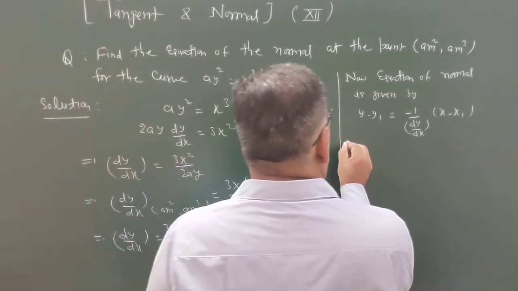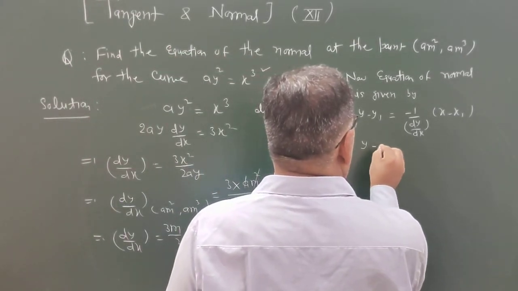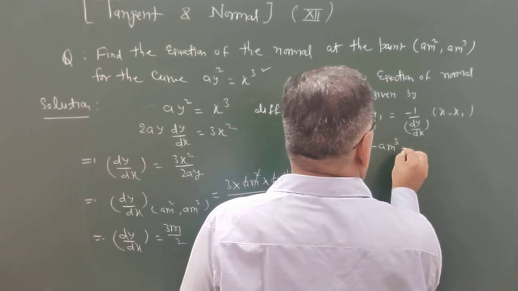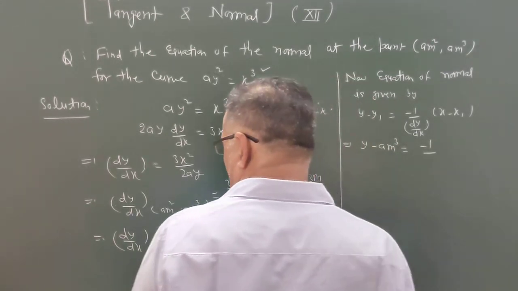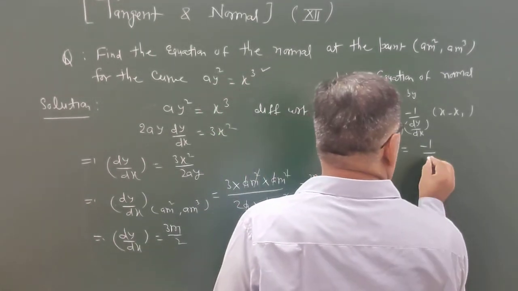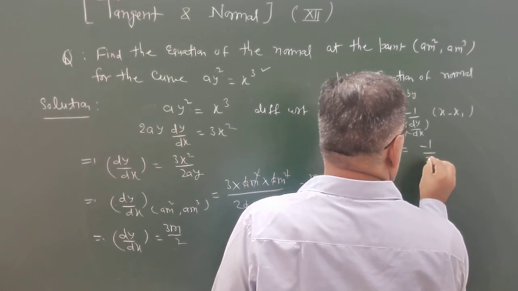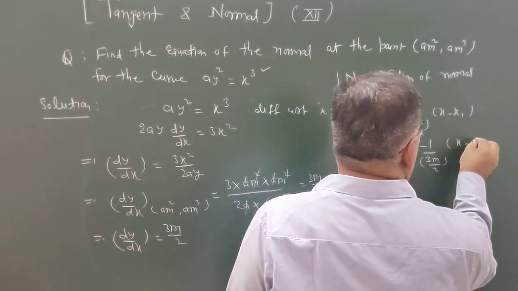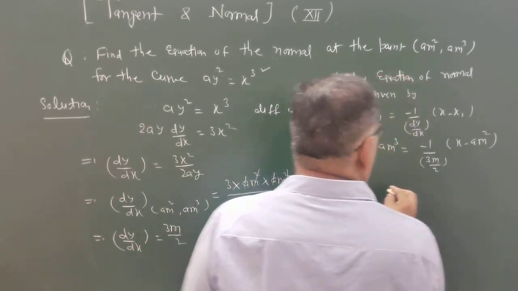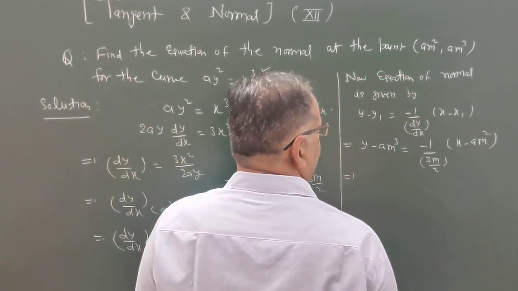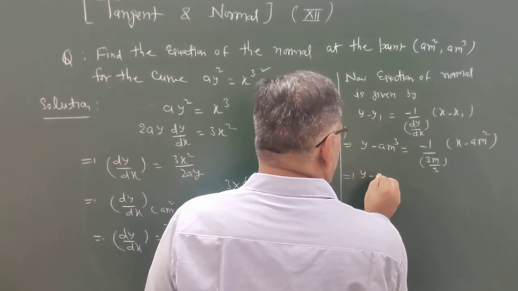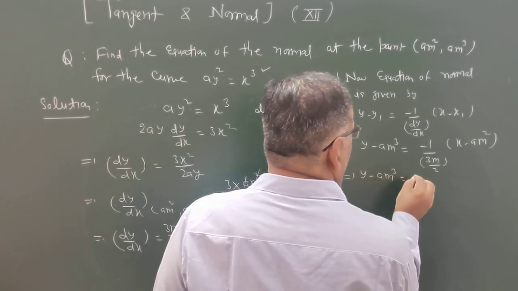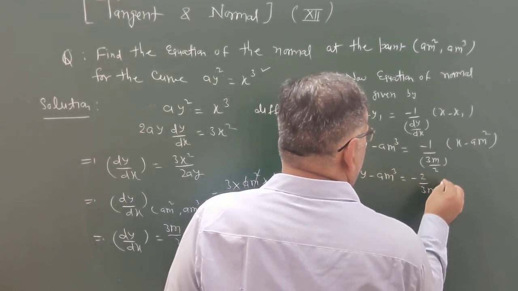Put the values. So now we have y minus y1, meaning am cube, equal to minus 1 upon, the value of dy over dx is 3m upon 2, into x minus am square. This can be written as y minus am cube equal to minus 2 upon 3m.